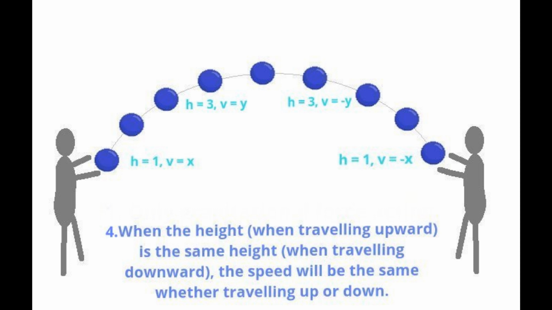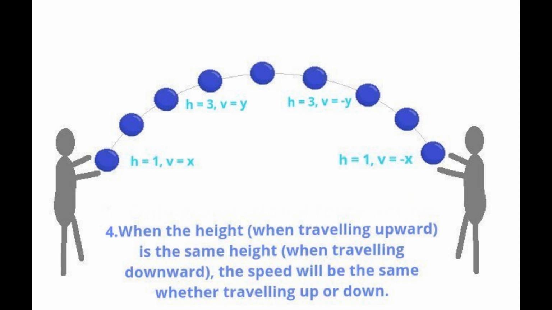At 2 meters above the ground, the ball will have the same velocity traveling upwards as it has traveling downwards, obviously just in the other direction. At 3.5 meters above the ground, the ball will have the same magnitude of velocity traveling upwards as it has when it's traveling downwards at that same height, 3.5 meters above the ground, on its way down.